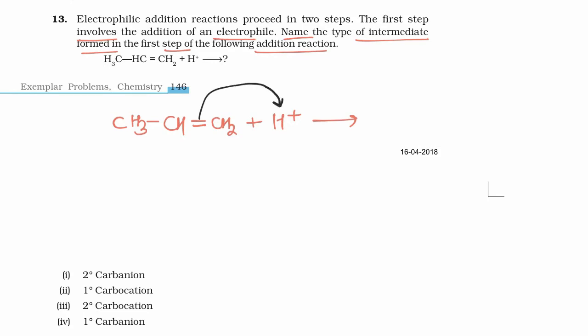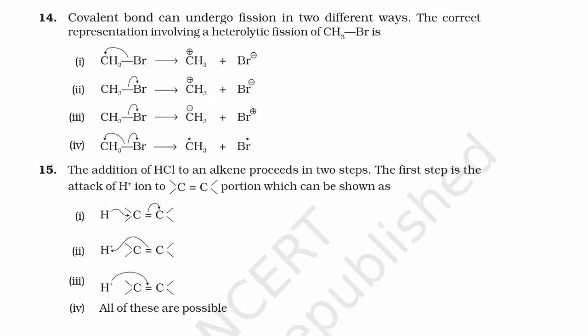So the alkene will donate a pair of electrons and form a carbocation. So now this carbocation is formed. In this case a 2 degree carbocation is formed, and hence the correct answer is 3, 2 degree carbocation.